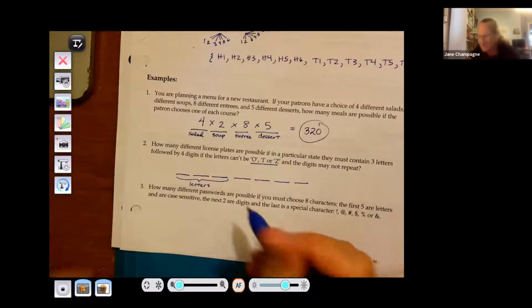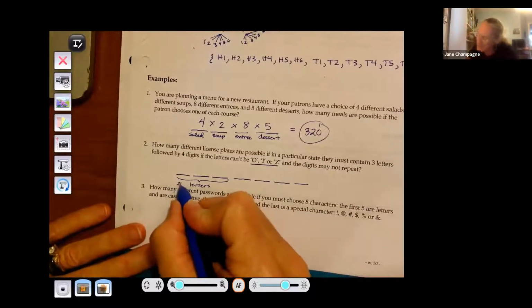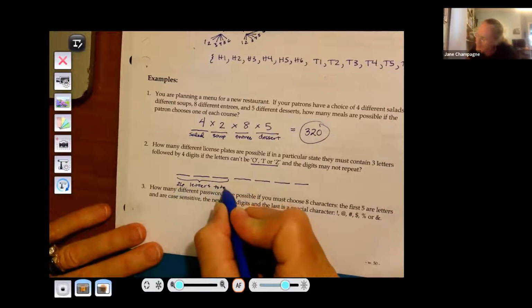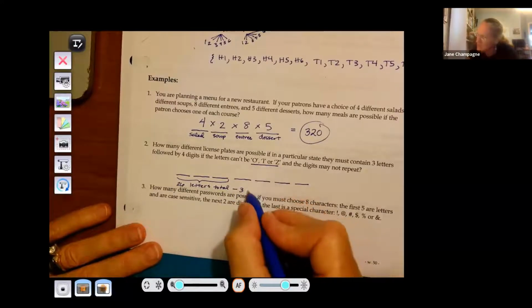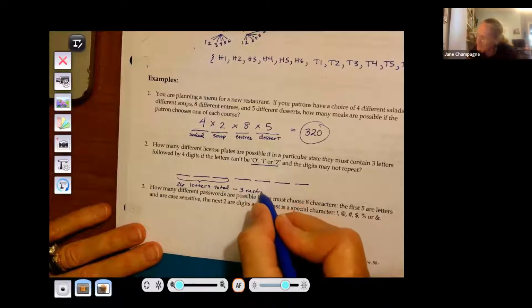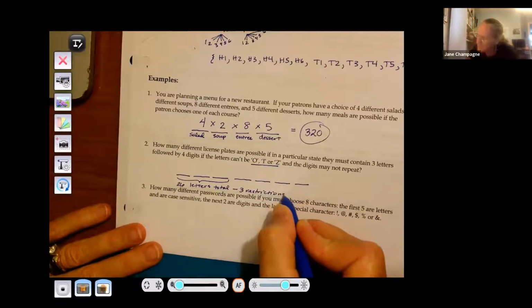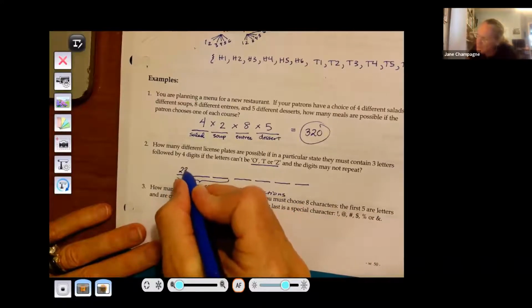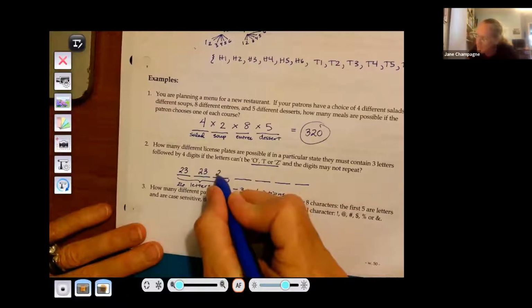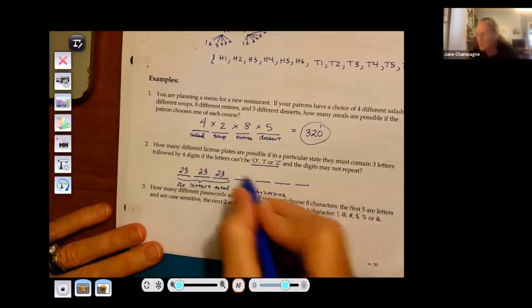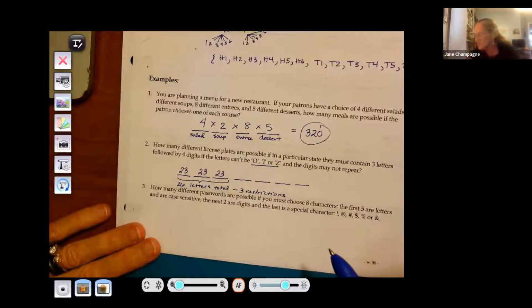You've got 26 letters total, right? But minus the 3 restrictions, right? So 23 letters are left for each of these letters. So you've got 23 options for each of those letters.